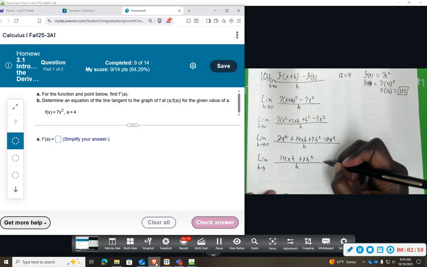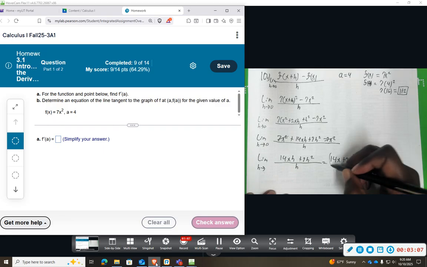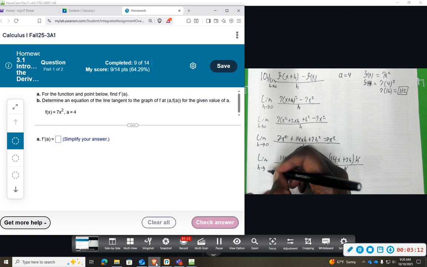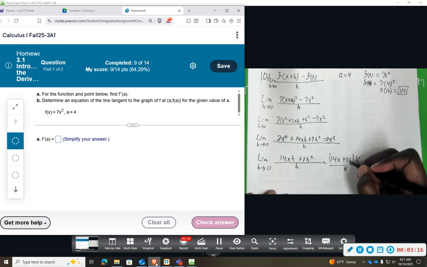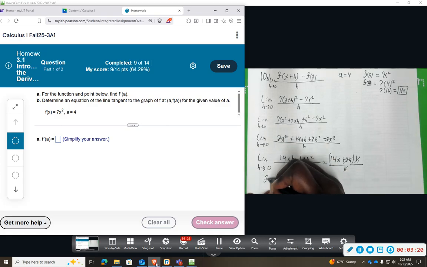We can factor out an h, and then that will cancel out the h on the bottom. And then if we use direct substitution and plug in a 0, 7 times 0 will go away. So the f prime of x, the derivative, is 14x.